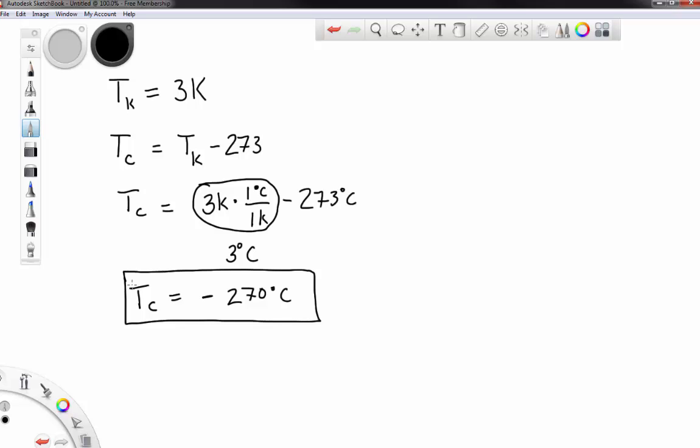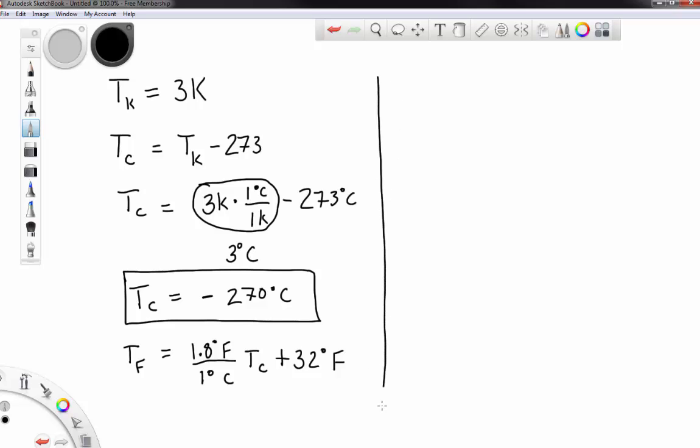temperature in Celsius. The next thing we want to do is find what is the temperature in Fahrenheit. And we're given that the temperature in Fahrenheit is 1.8 degrees Fahrenheit per 1 degree Celsius for a change times the temperature in Celsius plus 32 degrees Fahrenheit.